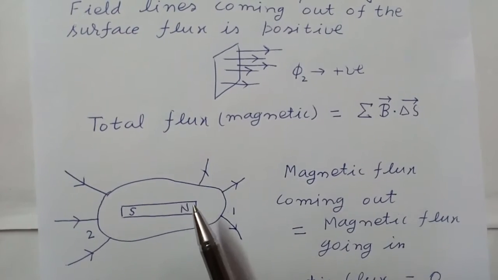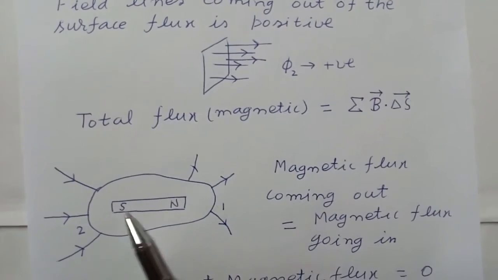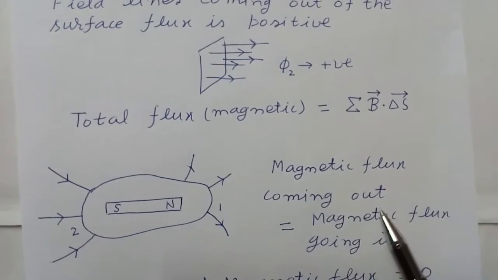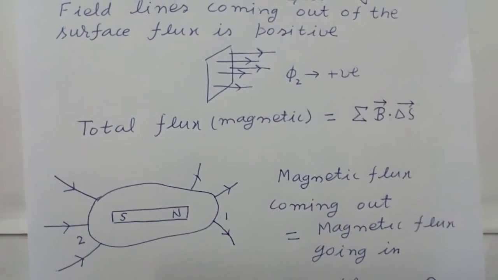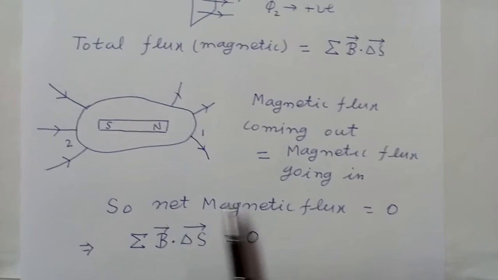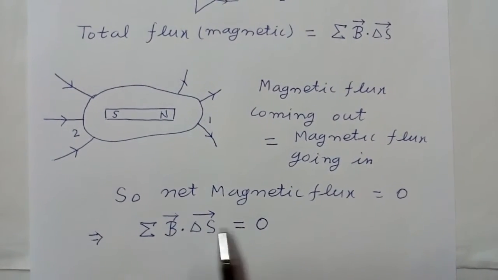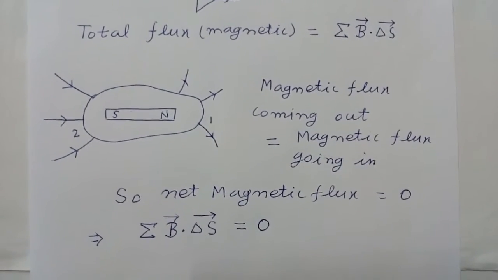Now since pole strength of north pole and south pole is same, so magnetic flux coming out is equal to magnetic flux going in. So in case of magnet, net magnetic flux phi is equal to 0, so summation B dot delta S is equal to 0.